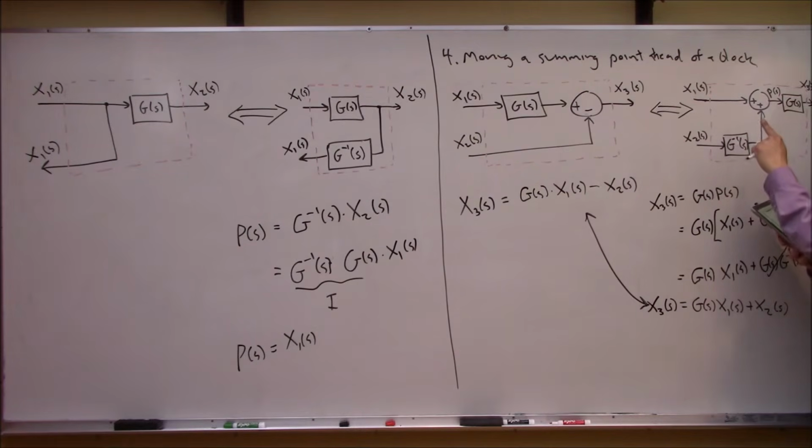You just need to make sure that the summing blocks' signs match, because if you change that to a minus, that changes this to a minus, which changes this to a minus, which changes this to a minus, and we still have equal input-output relationships.